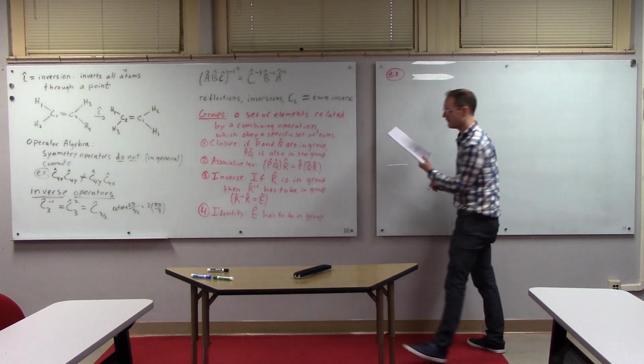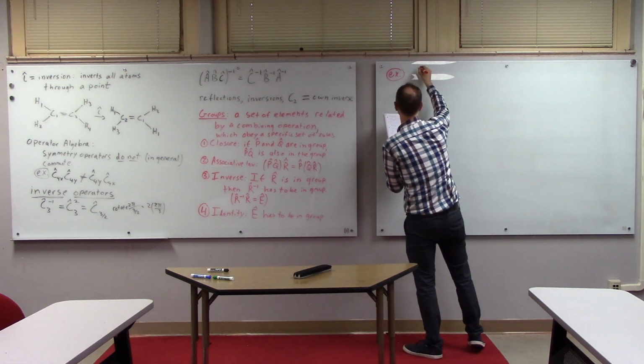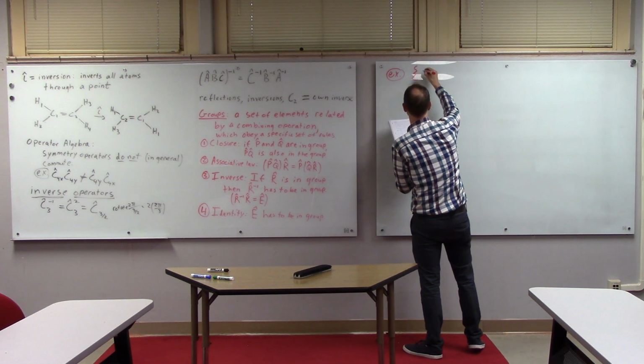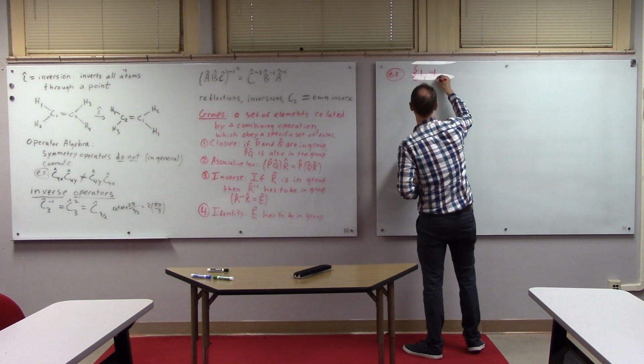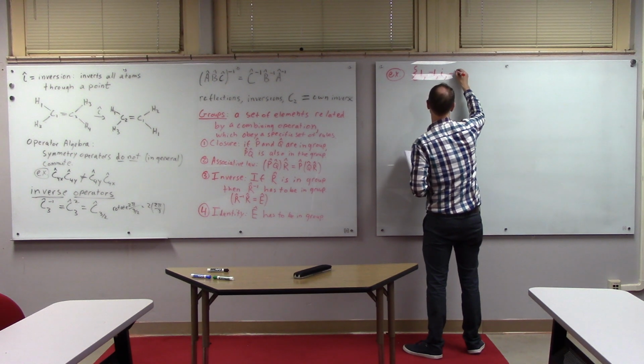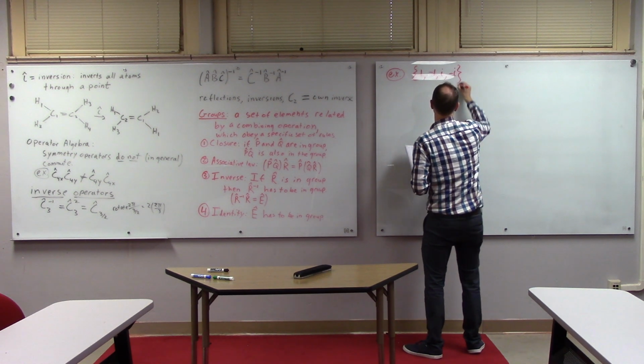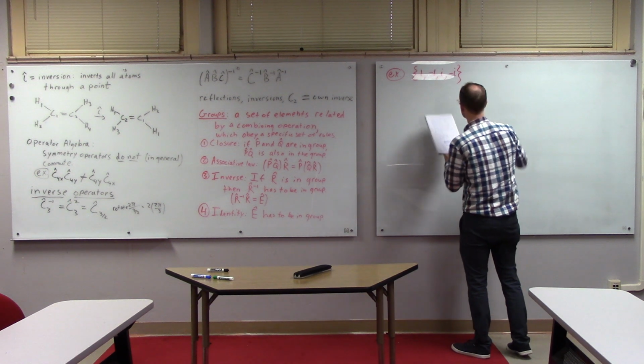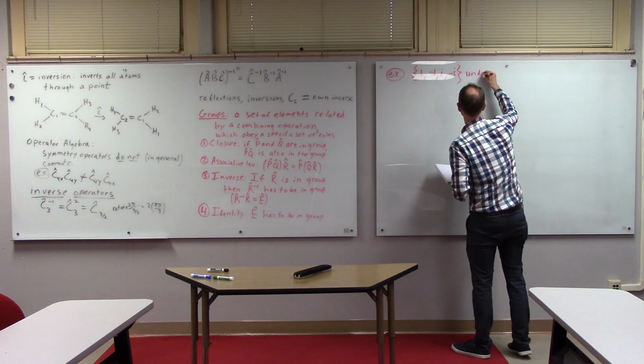You could have a group with a finite number of elements, and that would include the set of numbers 1, minus 1, i, the imaginary number i, and minus i, under the combining operation of multiplication.